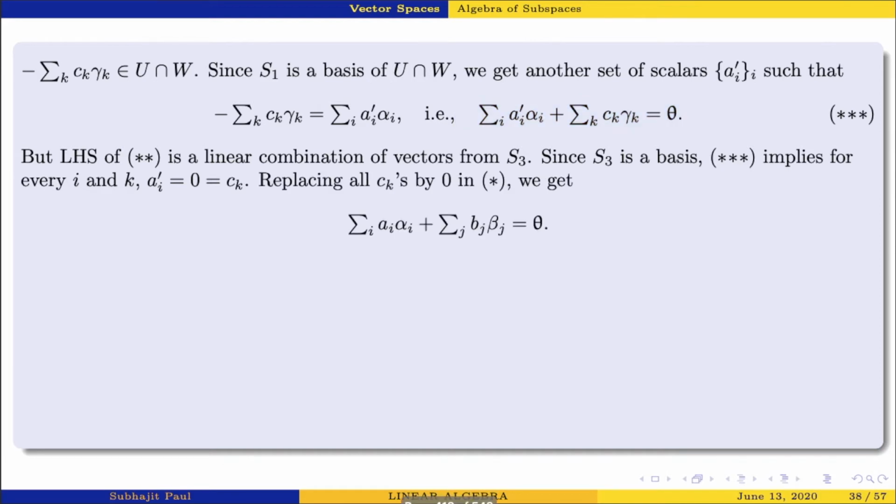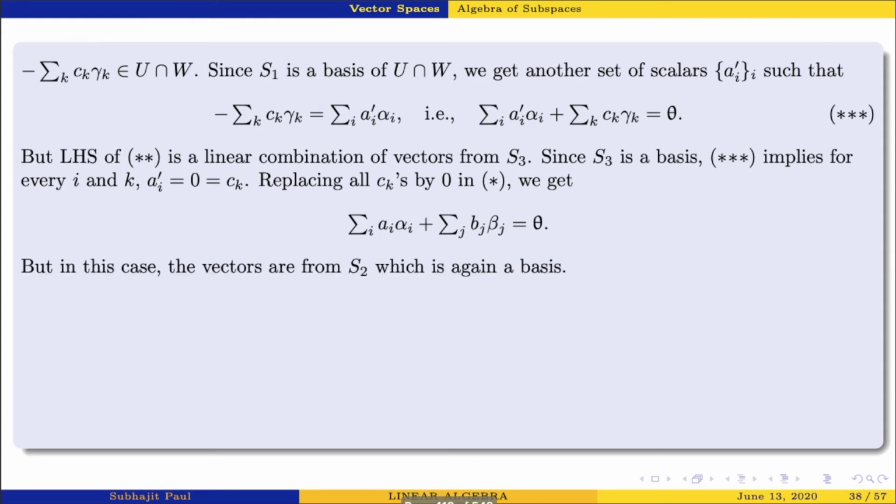Now replacing all the ck's by 0 in star, where star was sigma ai alpha i plus sigma bj beta j plus sigma ck gamma k is equal to theta, you get sigma ai alpha i plus sigma bj beta j is equal to theta.